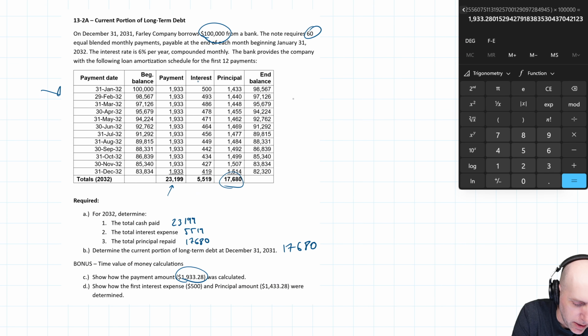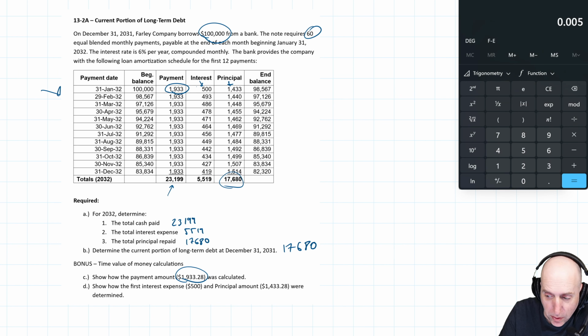So it's just saying, okay, we got the payment, 1933. How do we get the interest and principal? Well, the interest is just the interest rate, which we said was 0.005 monthly, multiplied by the beginning balance. So times 100,000, it's 500.